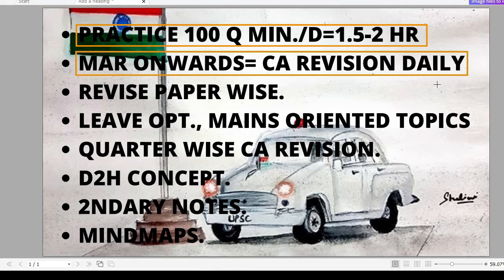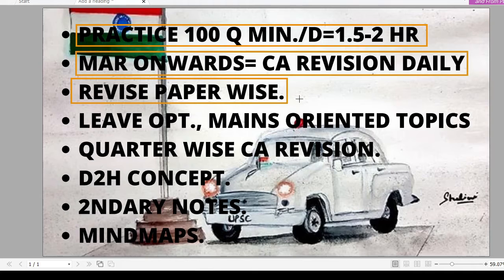So the third point is to revise paper wise, like GS1, GS2, GS3. UPSC has given us a detailed, point-wise syllabus. We can make a short note of those points, so that it would help in comprehending exactly what UPSC is trying to convey to us through the syllabus, and we could know exactly what we should read from our standard books or newspaper.